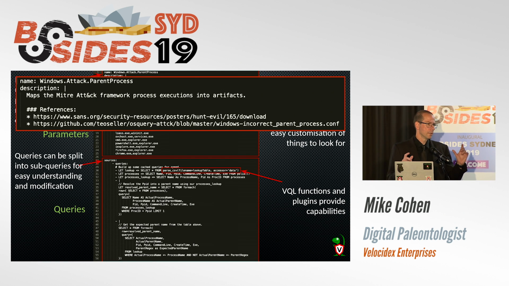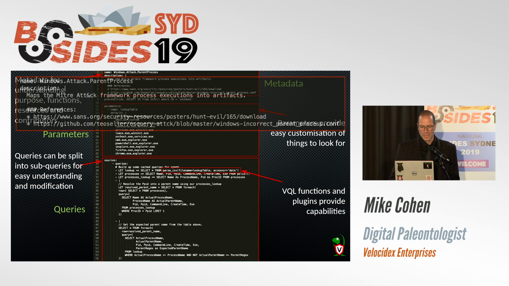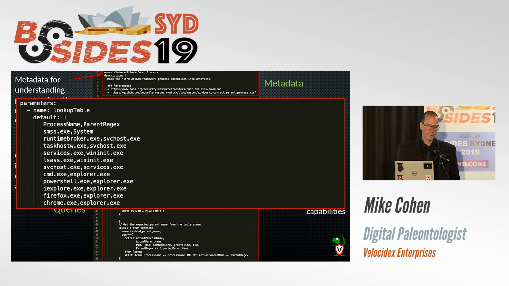Like, if this process is called SVC host, then it has to have a parent that's called, so it can't have a parent that's called cmd.exe, right? It has to have a parent that's called system and so on. So in this here is the parameter, which is just a lookup list of the parent and what's the expected parent name kind of thing.